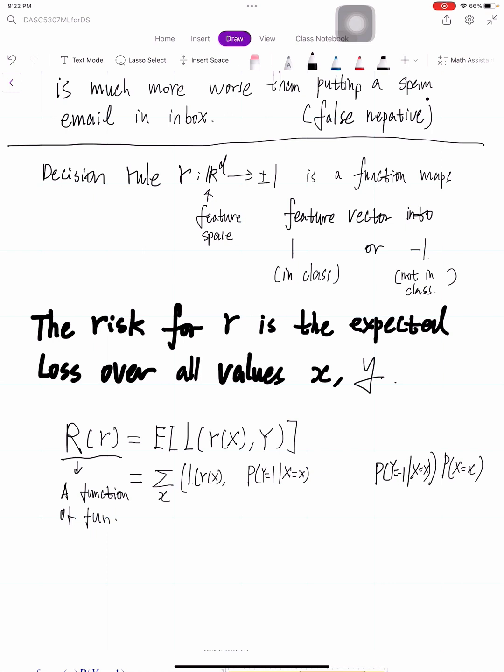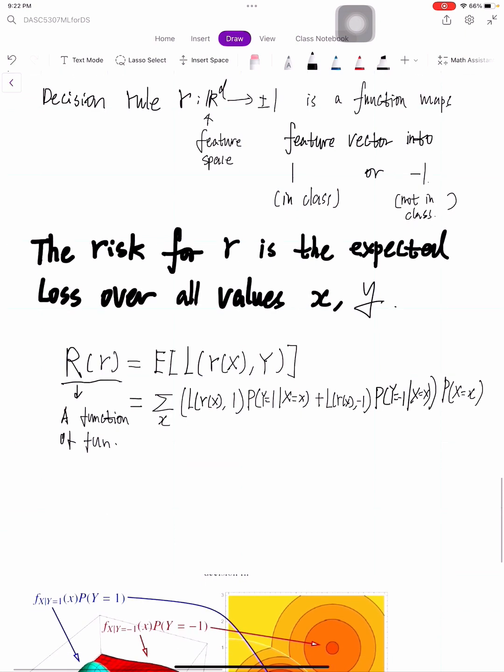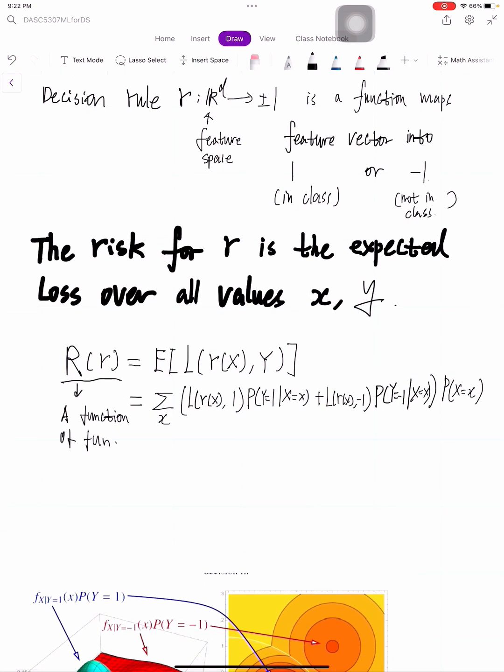So when y equals 1, plus the loss if we're predicting x equal to negative 1. Actually, this summation is over all the x values, so there is no y involved.